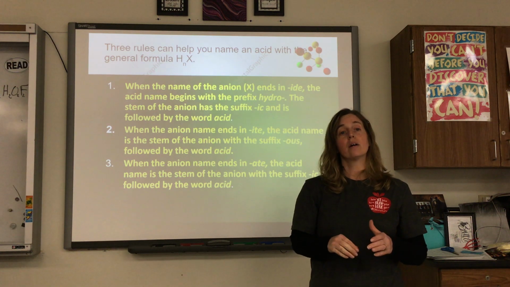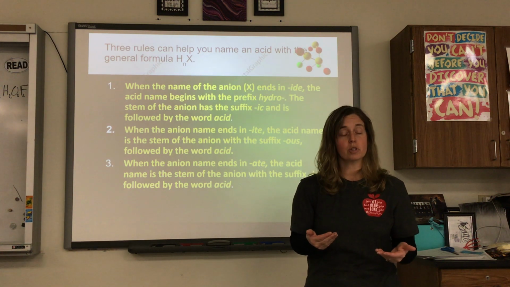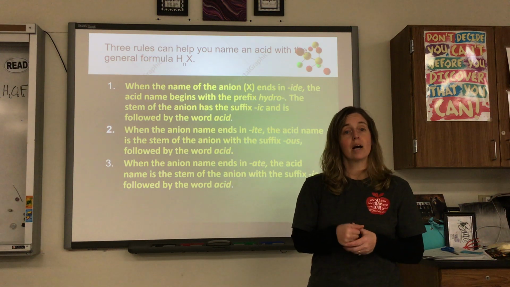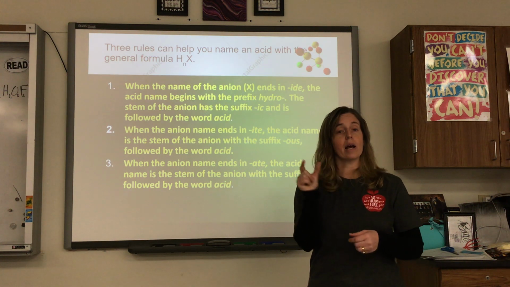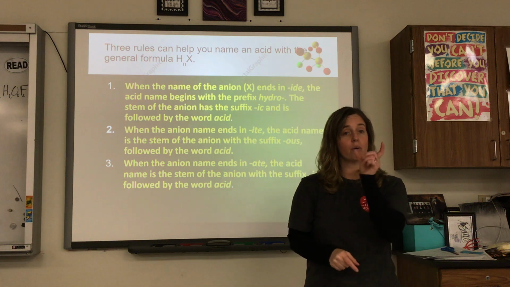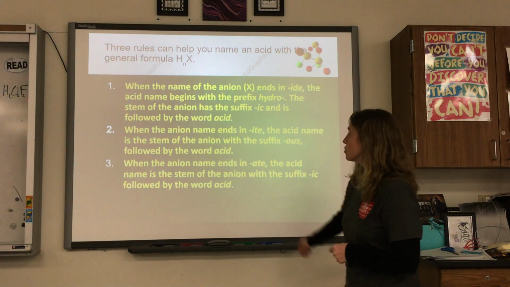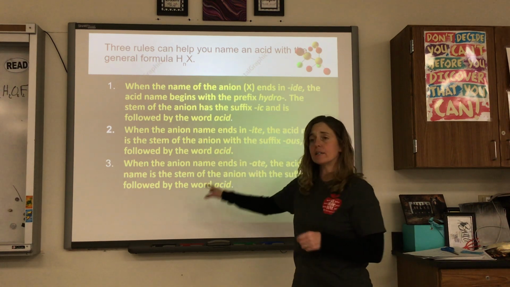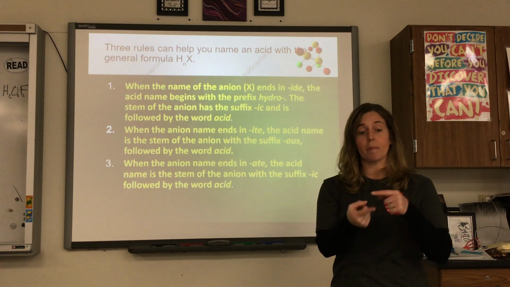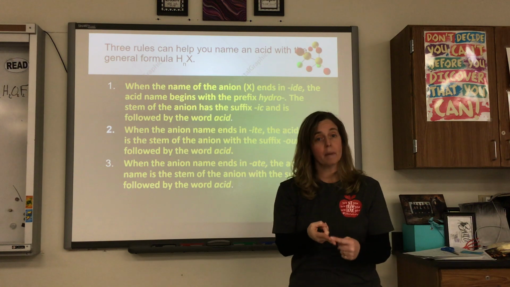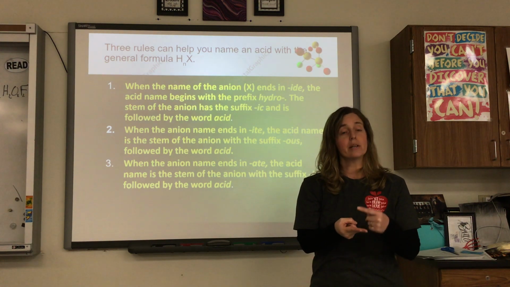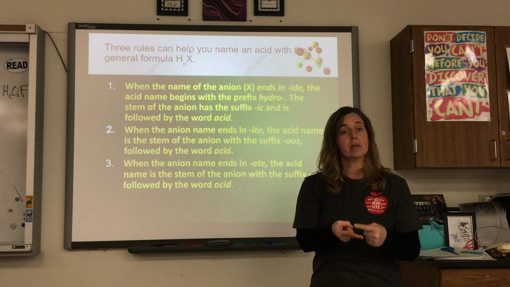So if I had sulfite, which is one of my polyatomic ions, I take the "ite" off and I add OUS. So now sulfite becomes sulfurous acid.